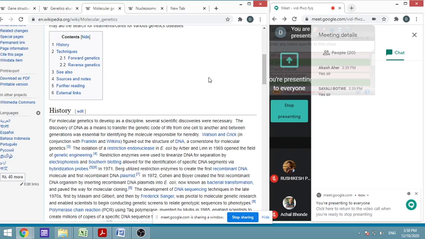Simultaneously, during that period there was a technological improvement also, that is, we call it biophysics. Because of this biophysics, knowledge has increased.